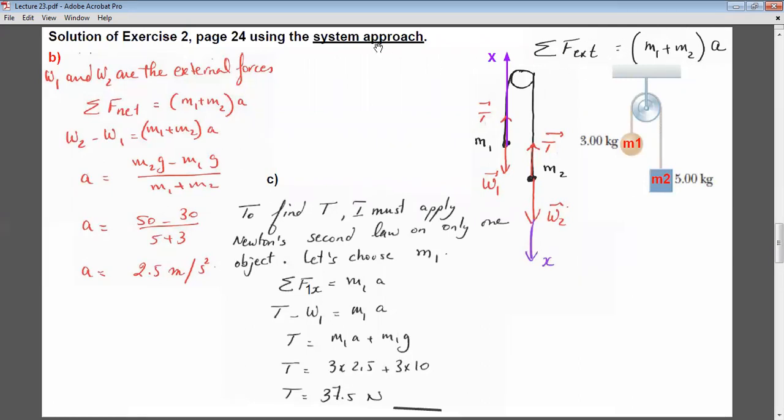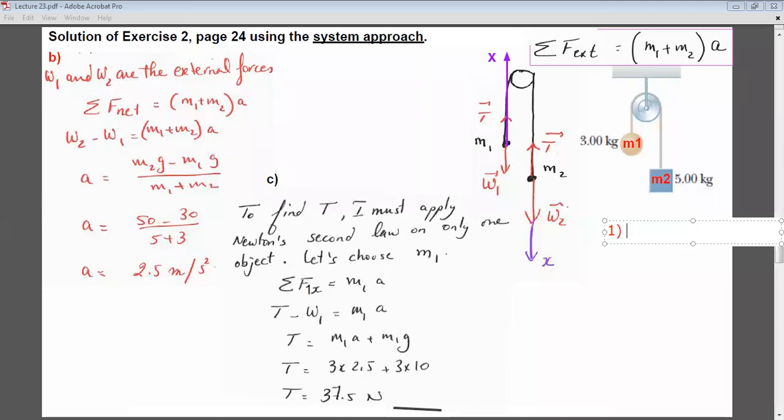So the system approach, I've put it over here. We use this formula, summation of F external is equal to M1 plus M2 times acceleration. So let's see how we apply it. We start with the usual thing, we draw.